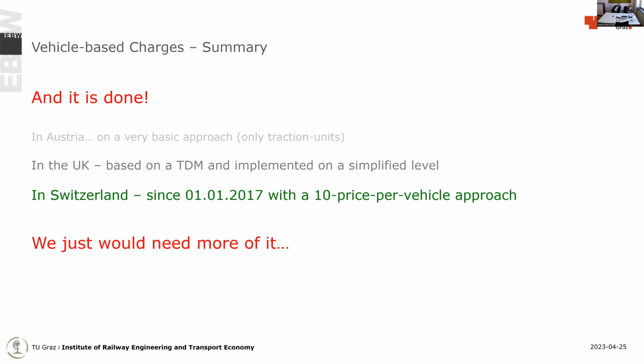If you remember what I said in the first presentation about the different possibilities, I mentioned that the legislation allows for such models, but it's not obligatory. So as long as it's allowed, you can apply it.